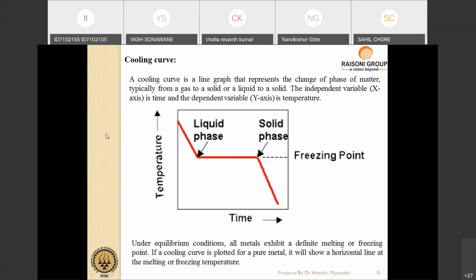A cooling curve is a line graph that represents the change of phase of matter, typically from a gas to a solid, or it may be liquid to a solid. Here, two types of variable are available. One is the independent variable, which is noted on the x-axis, which is time, and the dependent variable, which is noted on the y-axis, which is temperature.